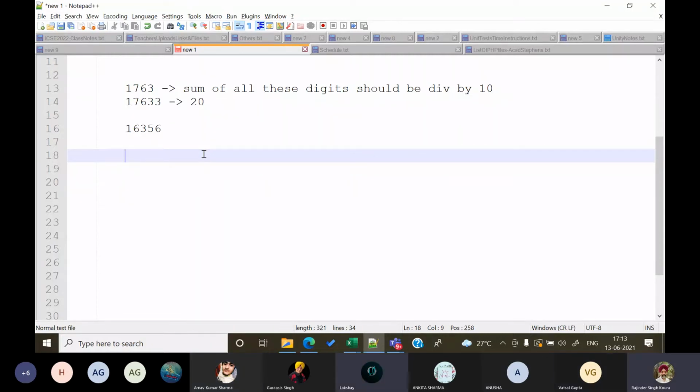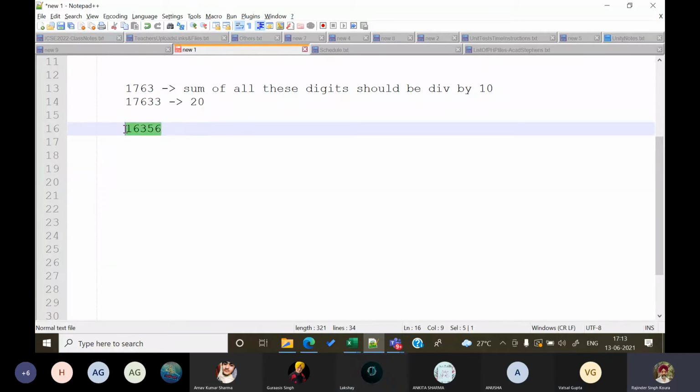So that means if I now take the sum of all these digits with the check digit and add them, it becomes 19 and it is not divisible by 10. So I'll say this number is not correct. Right? Sir, it will become 21. It will become whatever. Okay?